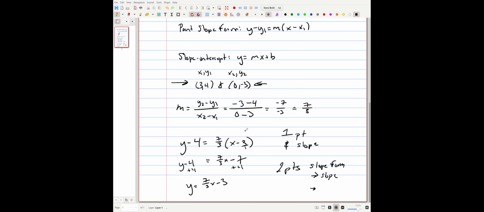So to try to draw a little diagram, a very poor one, if you have 1 point and slope, you use point slope form, and that gives you the equation of a line. And so what if you have 2 points?